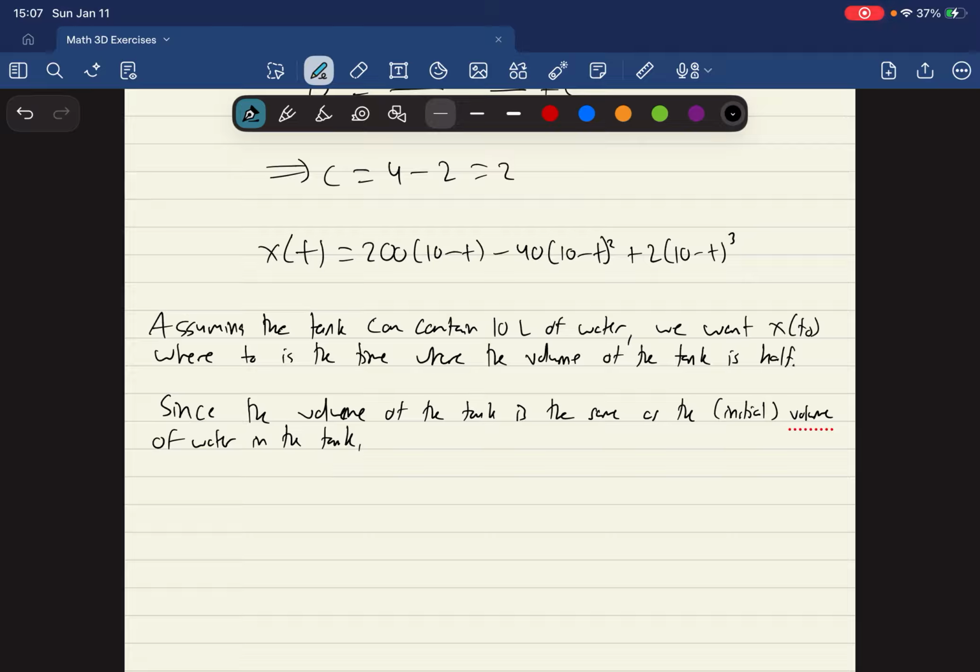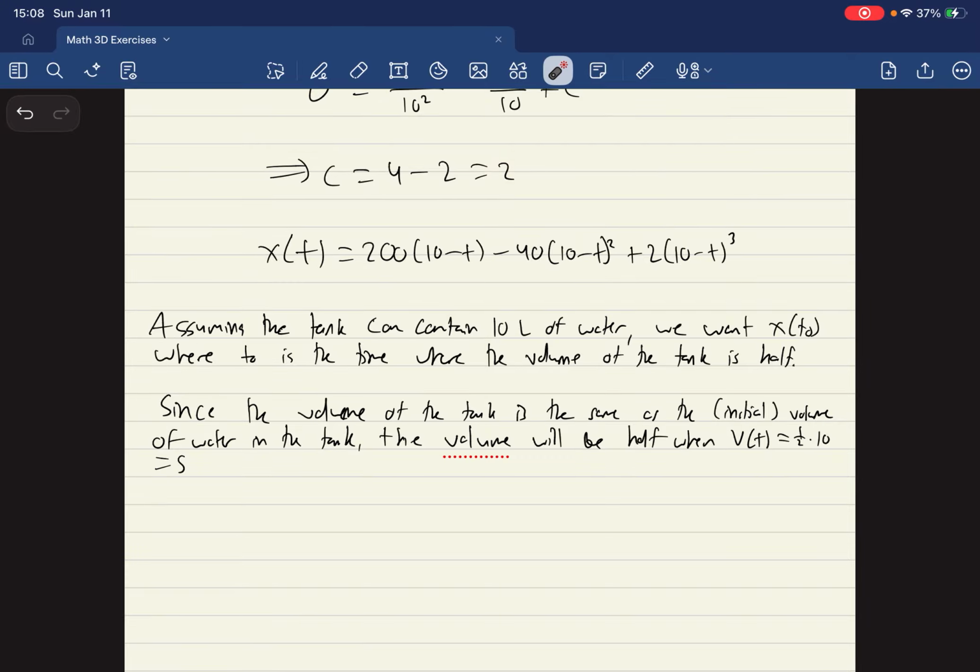It follows that the volume will be half when the volume of water inside the tank is equal to 1/2 of the total volume of the tank, which is 10, and this is equal to 5.